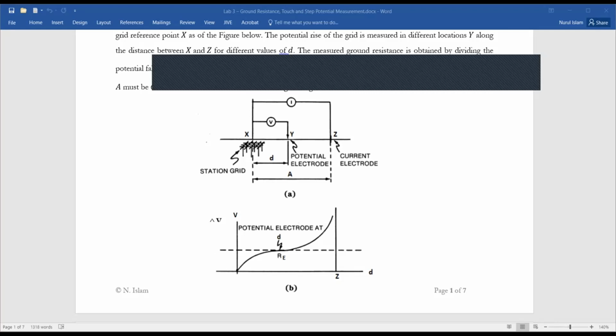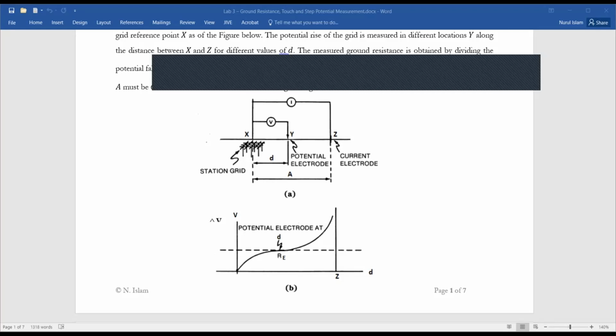Okay, it means if the distance between our auxiliary electrode Z, through which we are injecting current, and our reference point is equal to A, then 0.62 times A, that distance from the reference point, will be the distance where the measured resistance will be basically the ground resistance.